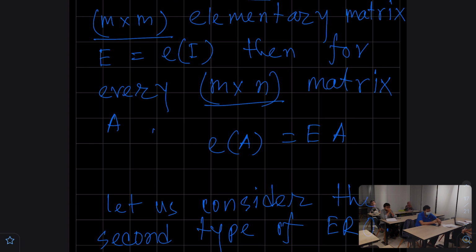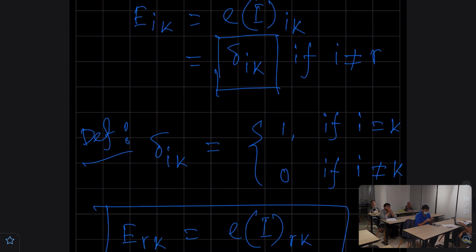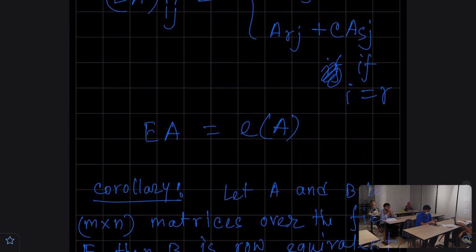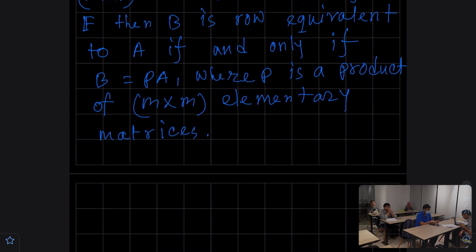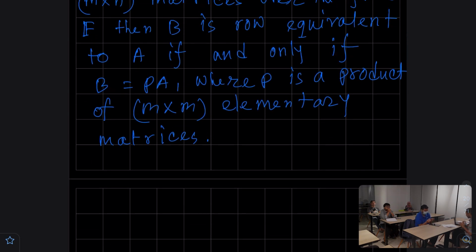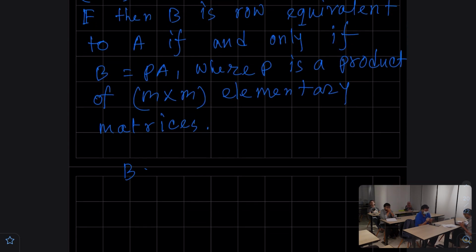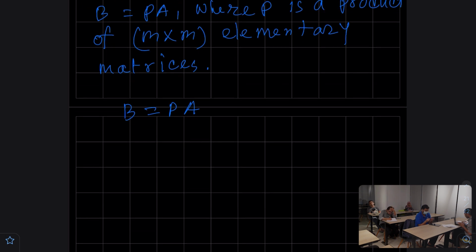So that tells us that matrix P is just a multiplication of certain elementary matrices, right? So B equals PA, where P is equal to, let's consider, E_k dot dot E2 E1.